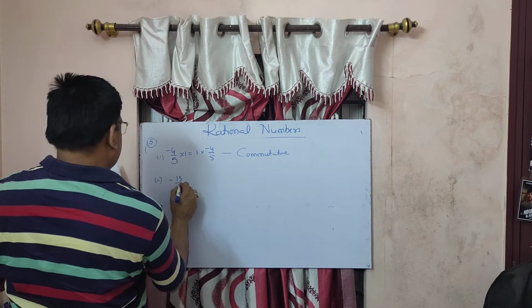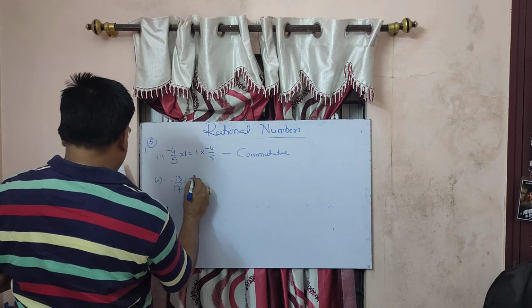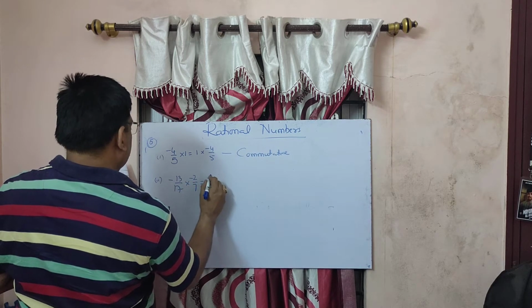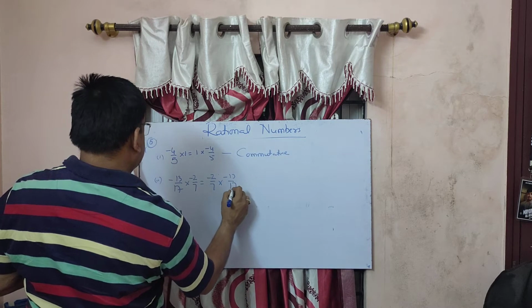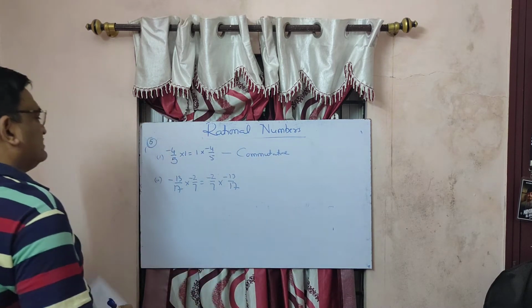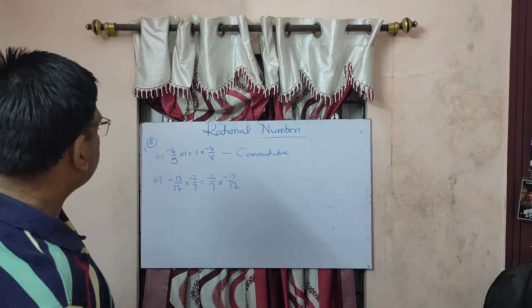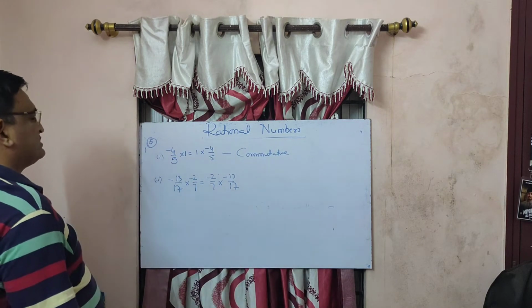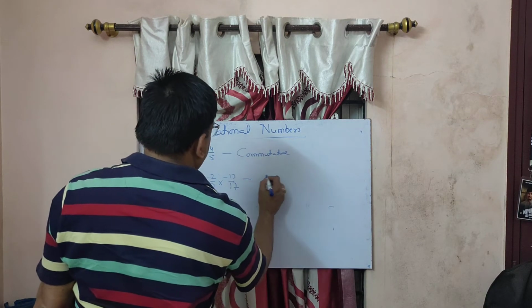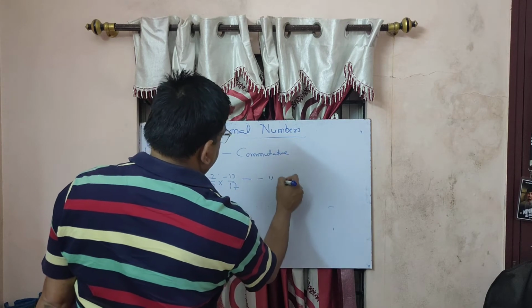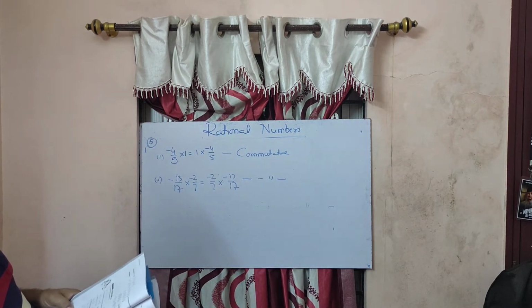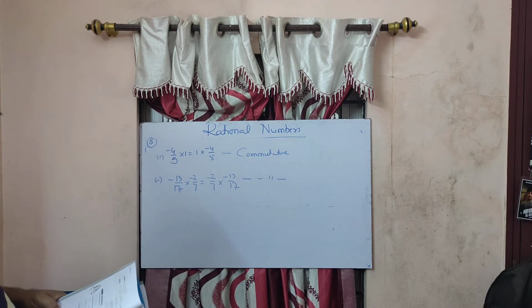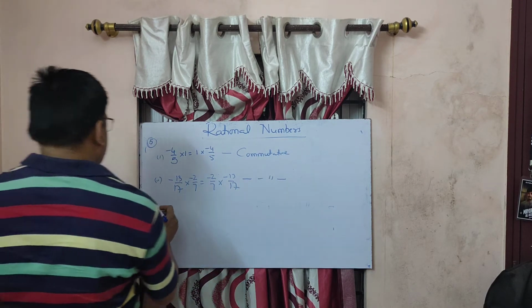Now the second one. Minus 13 upon 17 into minus 2 upon 7 is equal to minus 2 upon 7 into minus 13 upon 17. So by looking at the numbers, you can easily say which property we are using. Same property, commutative property. Now the third one.